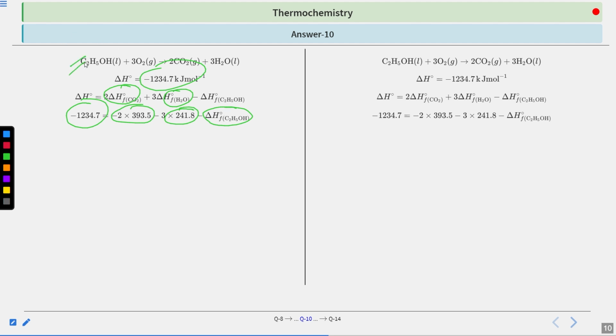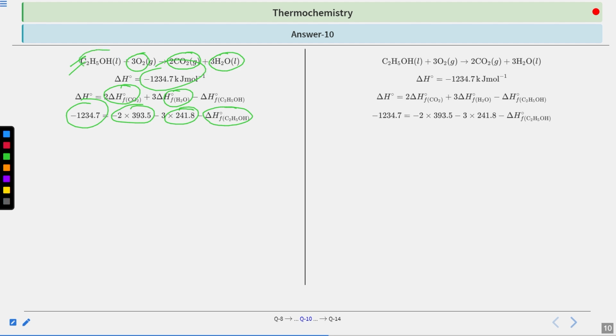For this, the enthalpy of reaction can be written in another way: the enthalpy of formation of H2O multiplied by 3, plus the enthalpy of formation of CO2 multiplied by 2, multiplying by the stoichiometric coefficients. This is the product side minus the reactant side. On the reactant side we have O2, and for O2 the heat of formation is 0.